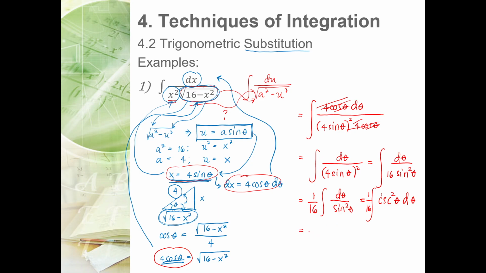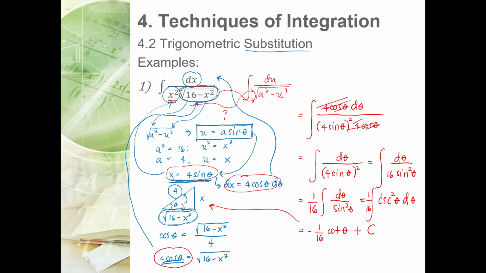So I think the answer for this one is negative cotangent, so you have negative 1 over 16 cotangent theta plus c. Of course, how do you replace your cotangent theta back to its original condition? We go back to the triangle. Notice that your function now is cotangent.